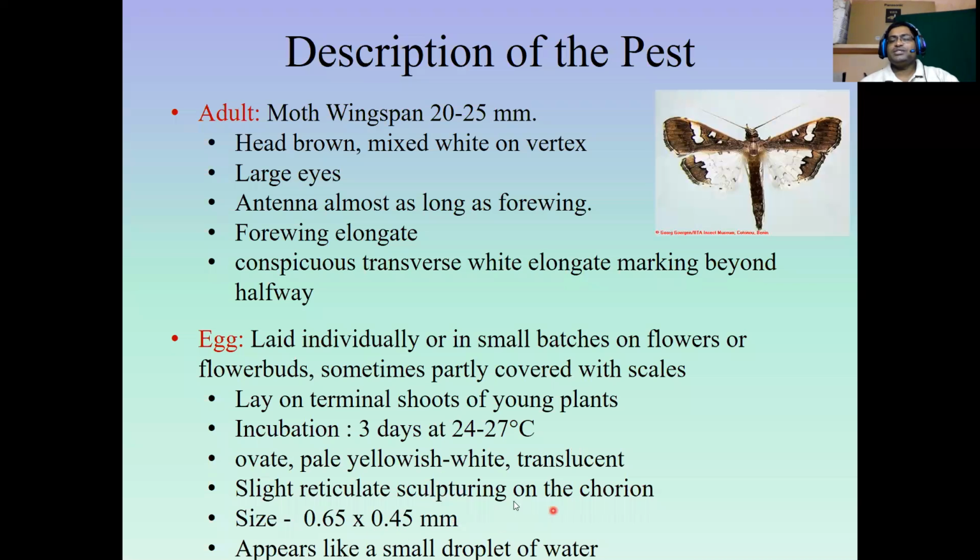The size of the egg varies with the fertilizing capacity of the female. Sometimes it looks like a droplet of water because it's transparent. That's what I told you. After cooking, how an individual sago pearl looks after boiling, the egg would look like that.